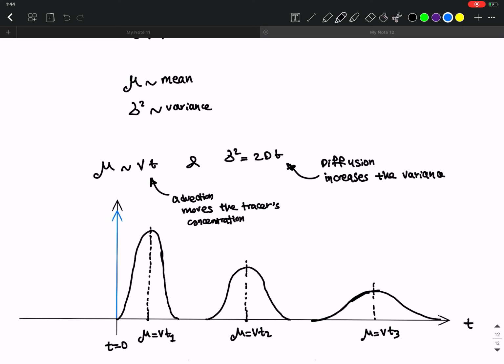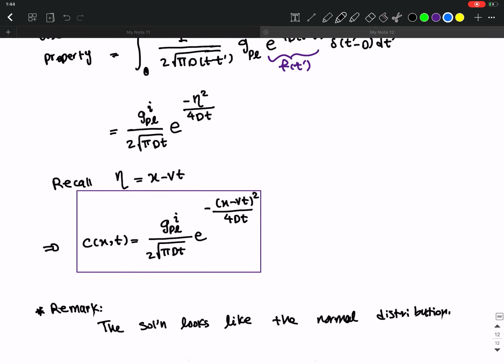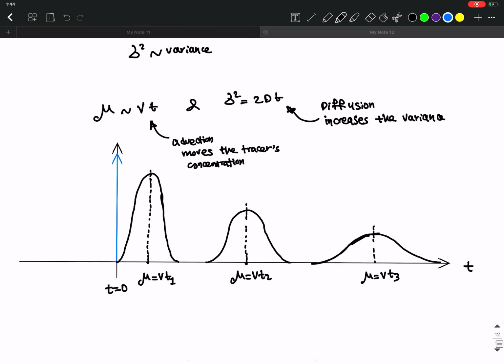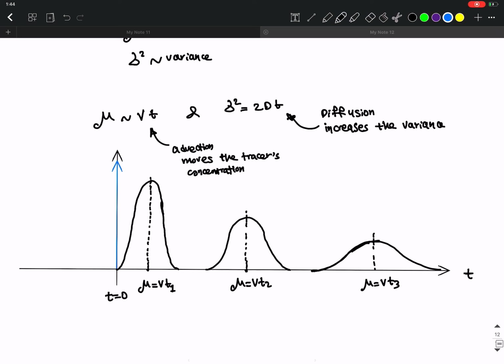So this advection is going to move that in space, right? And the diffusion is going to just smooth it out. It's going to increase this variance.